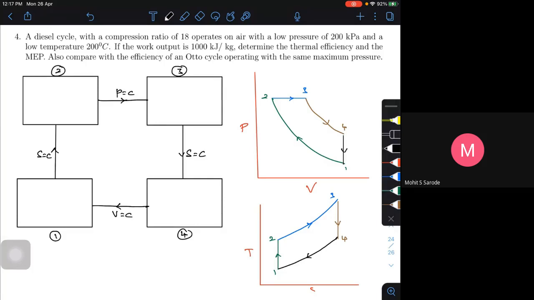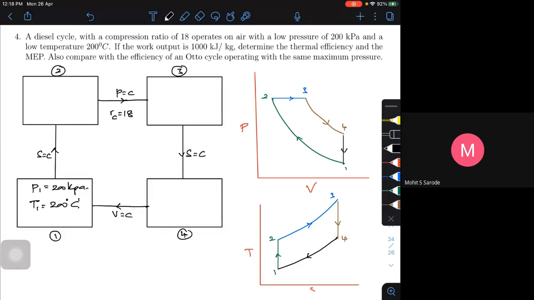So what is given actually? They have given the compression ratio, which is RC, as 18. The low pressure means P1, so P1 is equal to 200 kilopascals. The low temperature means T1, so T1 is equal to 200 degrees Celsius.